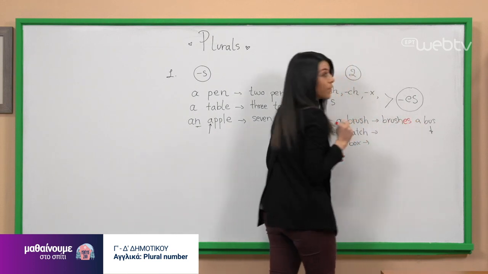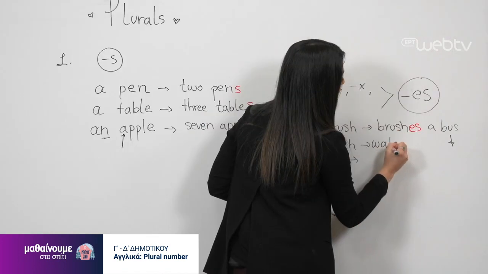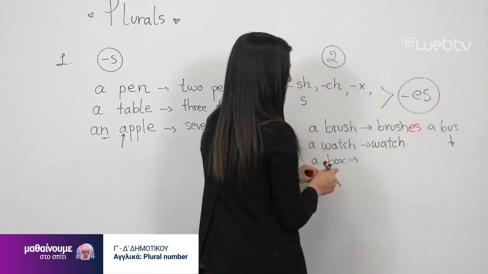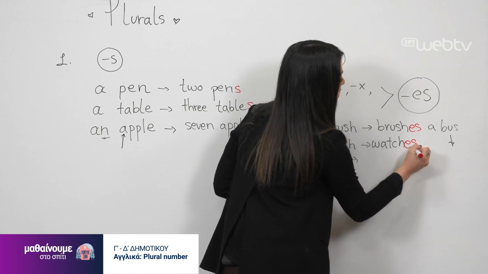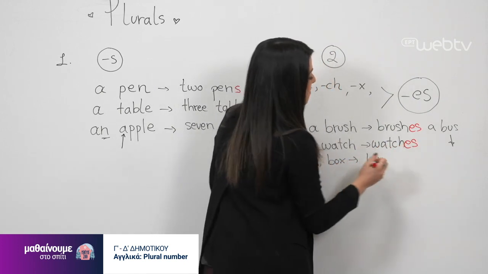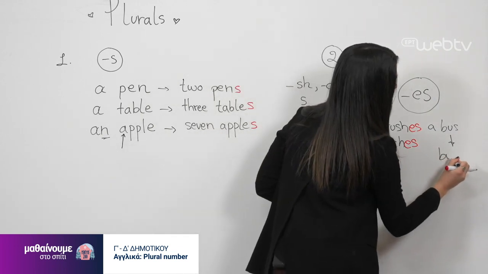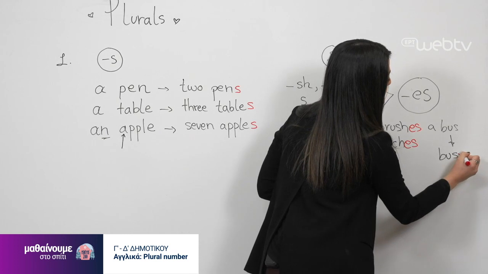Okay? A watch, 2 watches. Again, we put ES. A box, 2, 3, 4 boxes. And a bus, 7 buses.